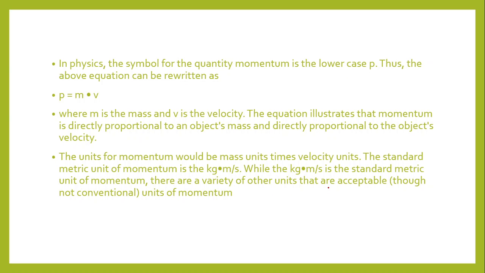In physics, the symbol for the quantity momentum is lowercase p. Thus, the equation can be written as p equals m multiplied by v, where m is the mass and v is the velocity.